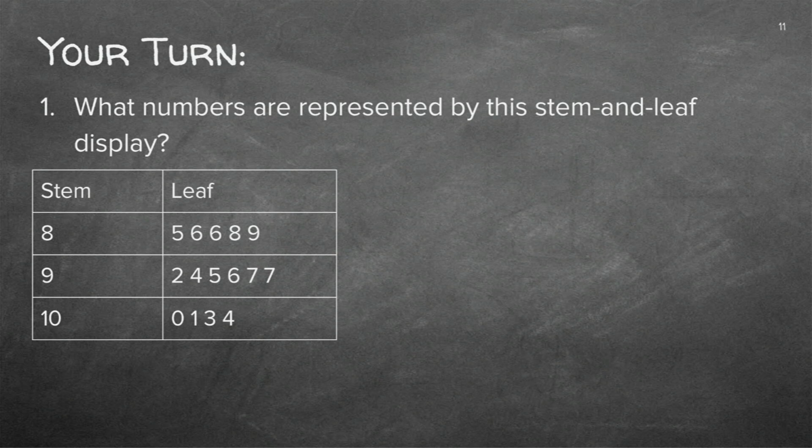This is a stem and leaf display. Now I want you to pause and to write down the numbers that are represented by this stem and leaf display. Remember, this is the single digit and this is the base, the stem. So it's from 8, so it's 85. I'm not going to say anything more. You're going to pause and then you're going to write them down.